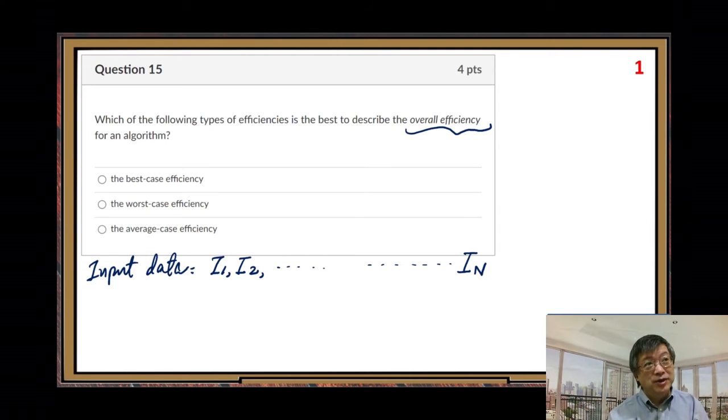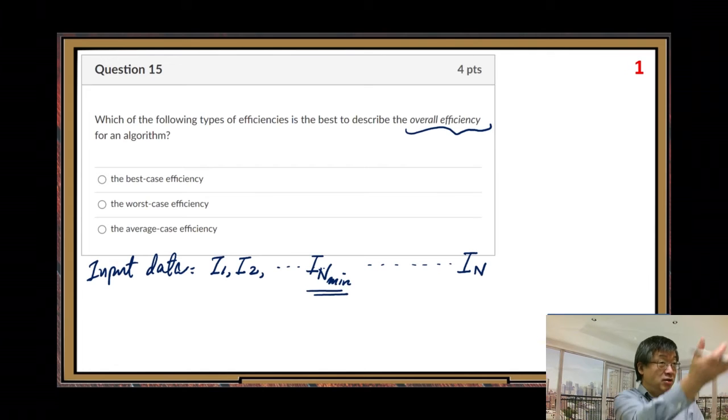There is a possibility you may have more than one input case that all correspond to the best case. That's possible. But here, in order to make the discussion easier, let me use I minimum. So this gives us the minimum efficiency measure. That means the best.